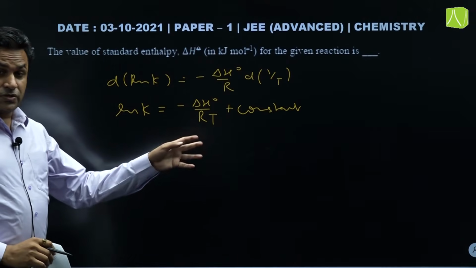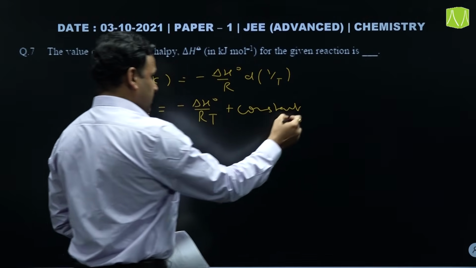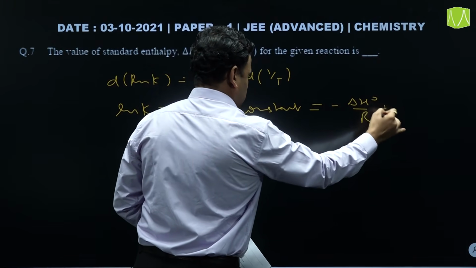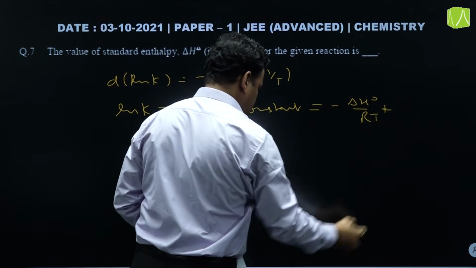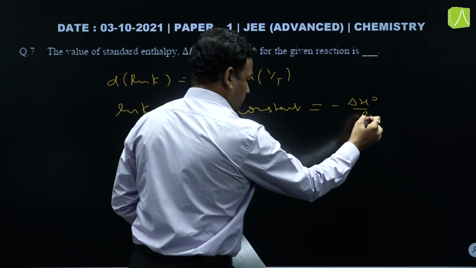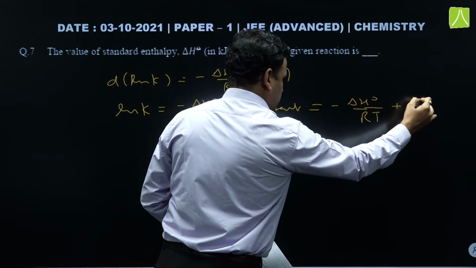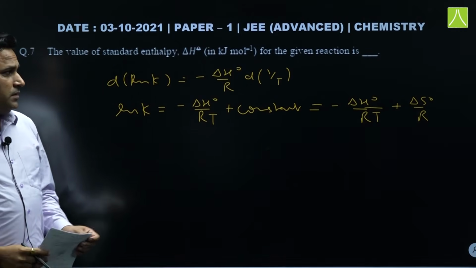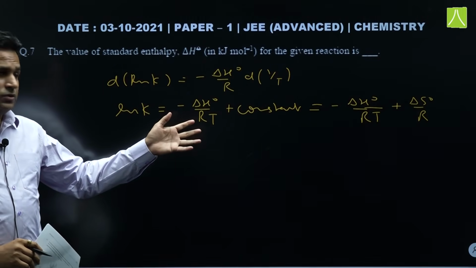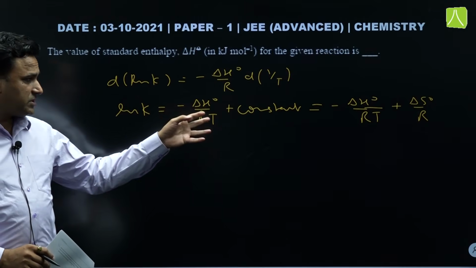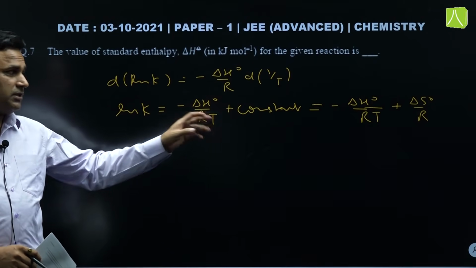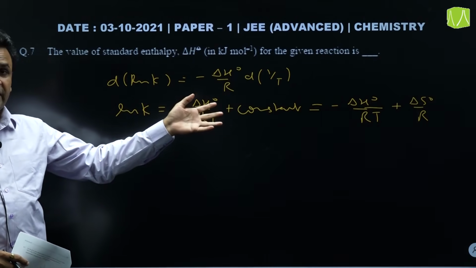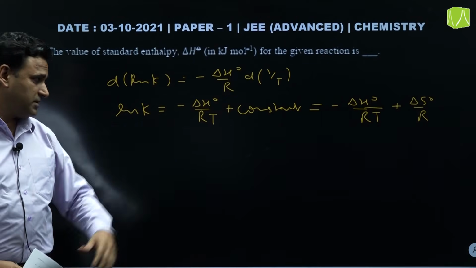This constant is also known to us: ln k is equal to minus delta H naught upon RT plus delta S naught upon R. The constant we can calculate. So, based on this equation, we can calculate the value of delta H naught of the reaction, and the next question, question number 8, is the calculation of delta S naught of the reaction.